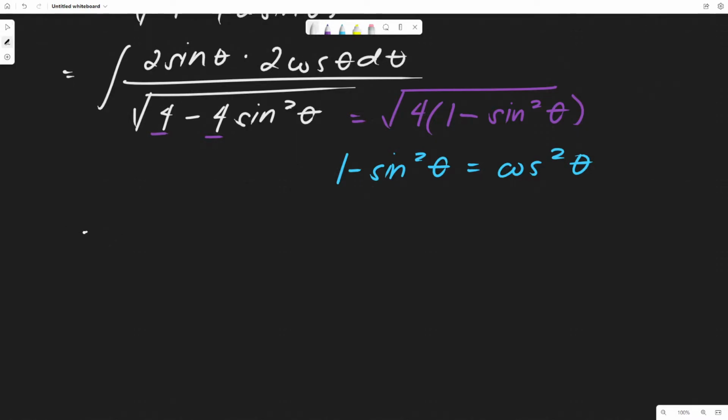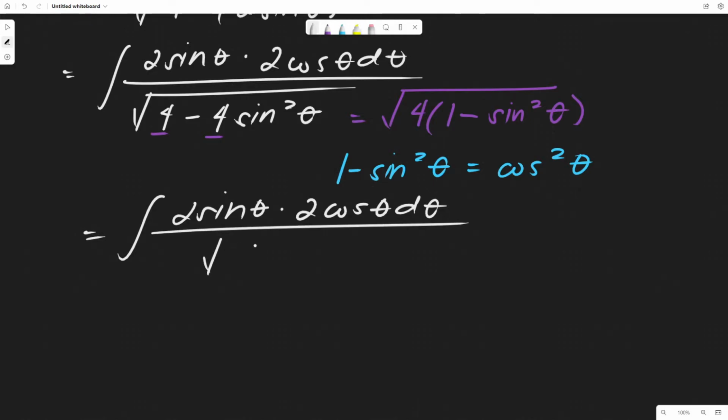So we have the integral of 2 sine theta times 2 cosine theta d theta over the square root of 4 cosine squared theta.